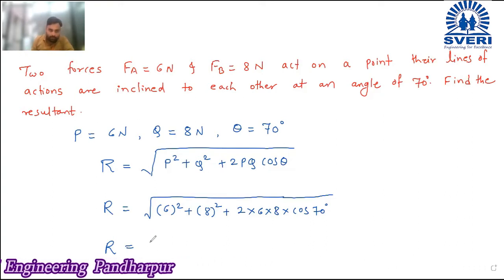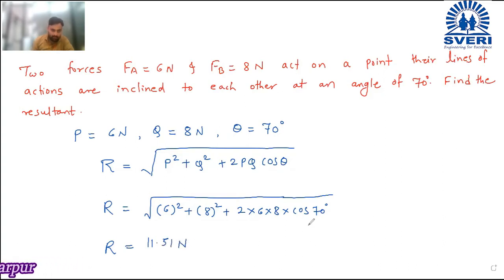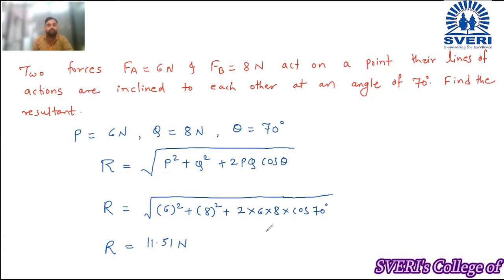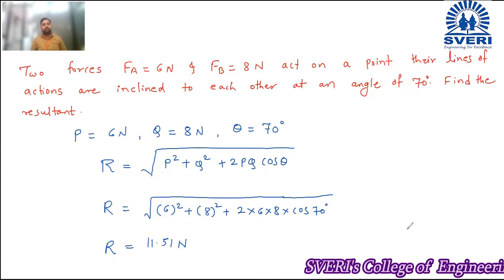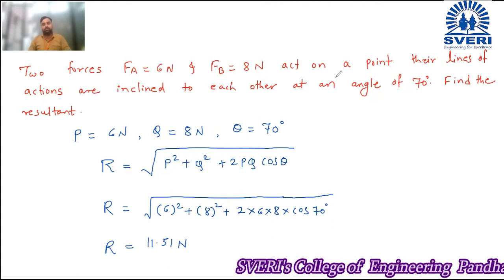Okay. So the answer is 11.51 Newton. So this is the resultant. Now this is the magnitude. This is the magnitude of the resultant. Now find out the direction also.